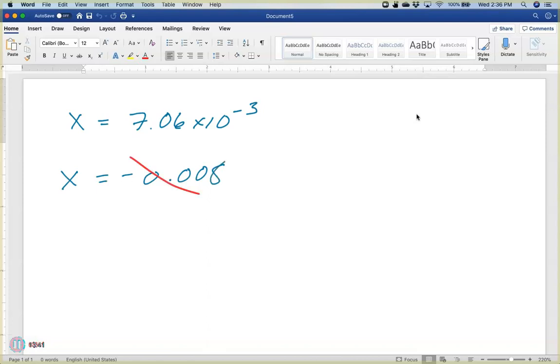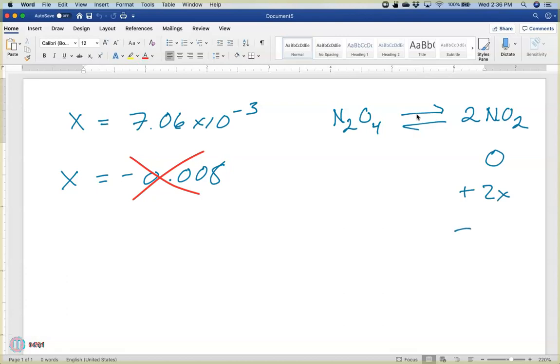Right off the bat, this has to be wrong, and so we can just toss it out. How do I know that? Because if I look at the balanced chemical reaction, the N2O4 going to 2NO2, if I started with 0 and I'm producing 2x, if this were a negative number, that means my equilibrium concentration is somehow going to be a negative number, because I'm plugging the x into that 2x.